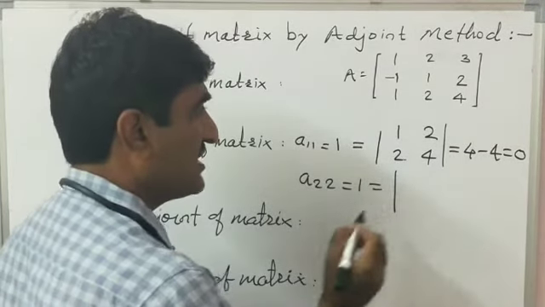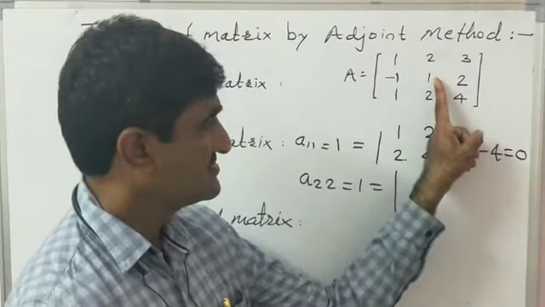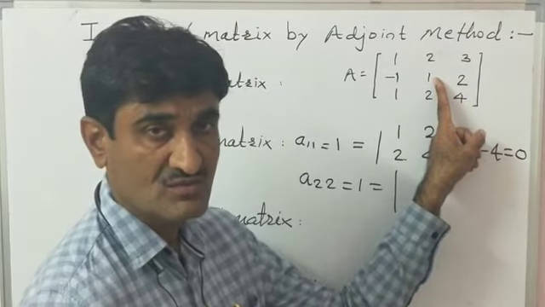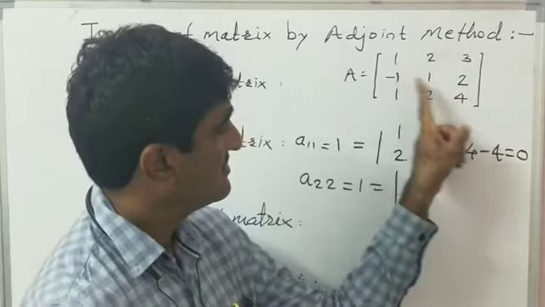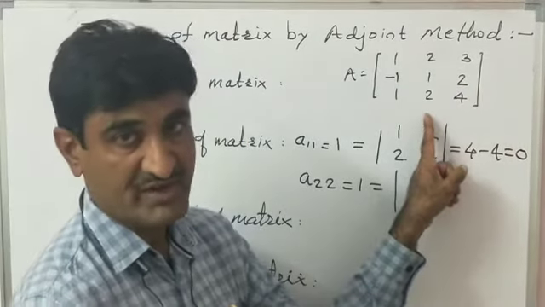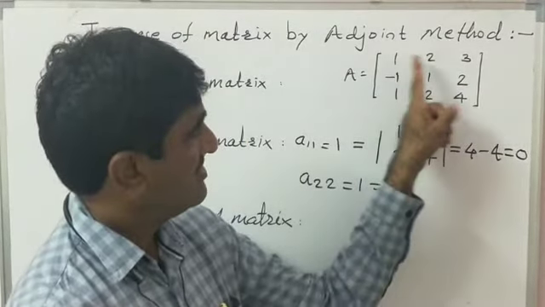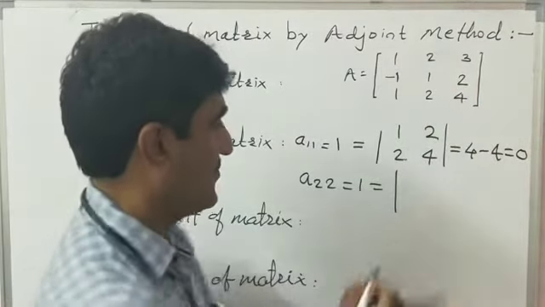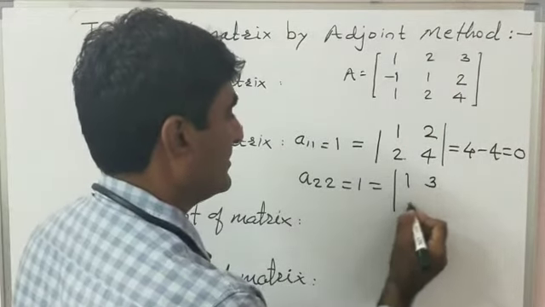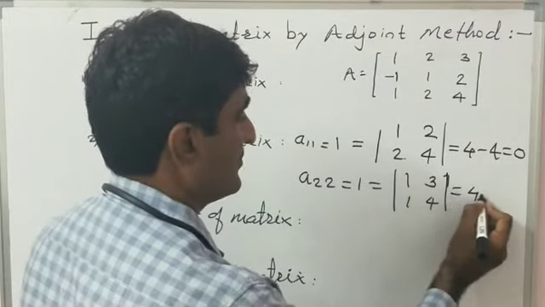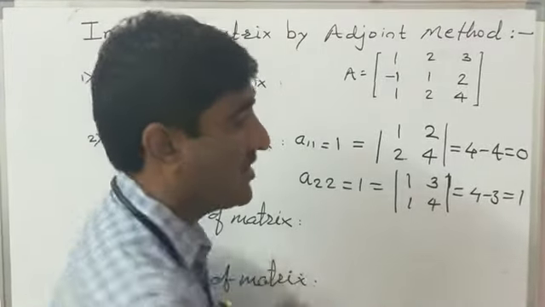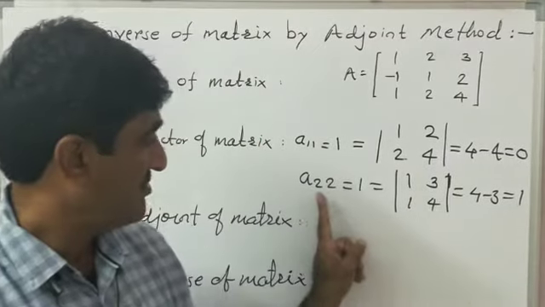What is the minor? It is in the second row and second column. Eliminate both. What remains is 1, 3, 1, 4, and that is equal to 4 minus 3 equal to 1. This is the minor of A22.